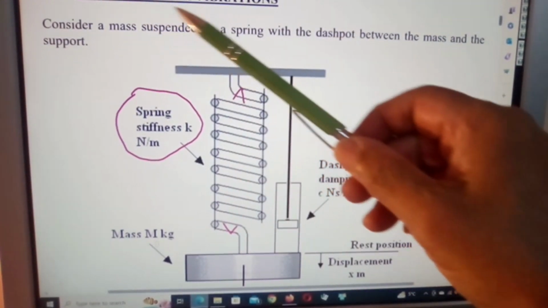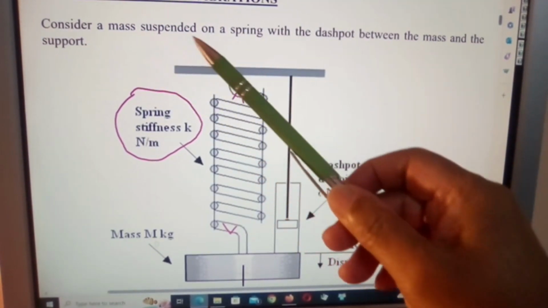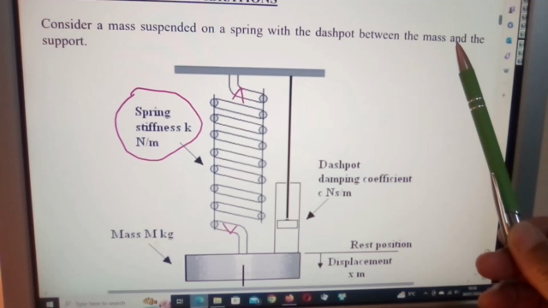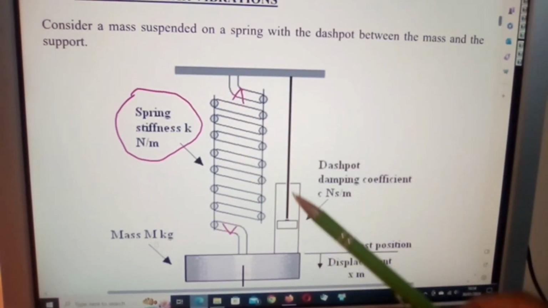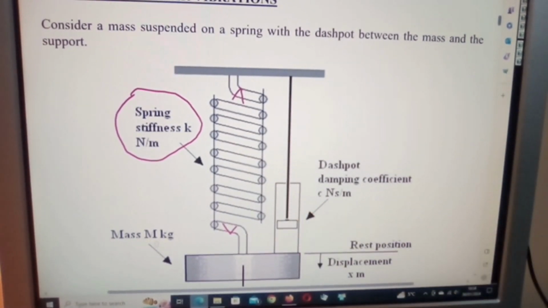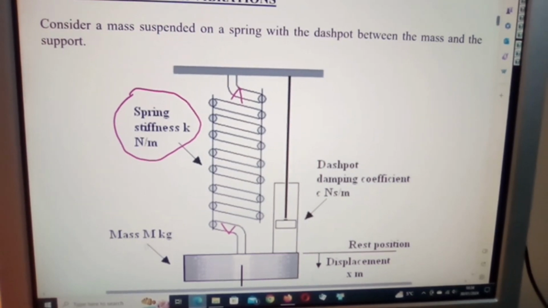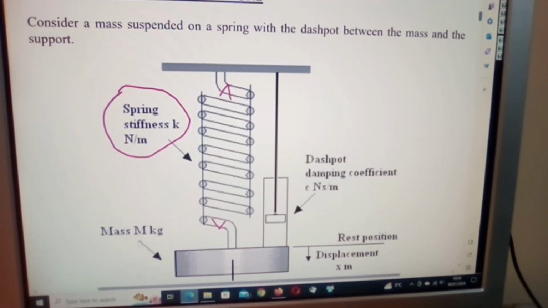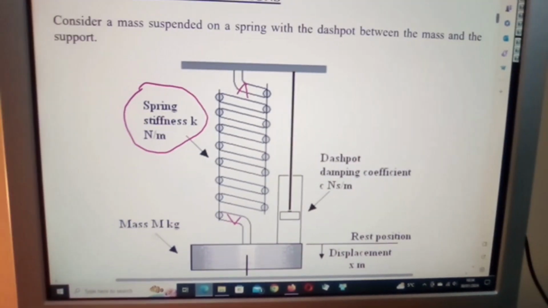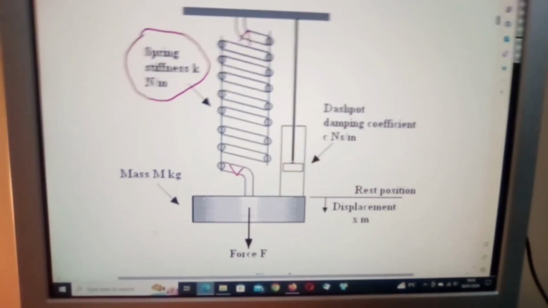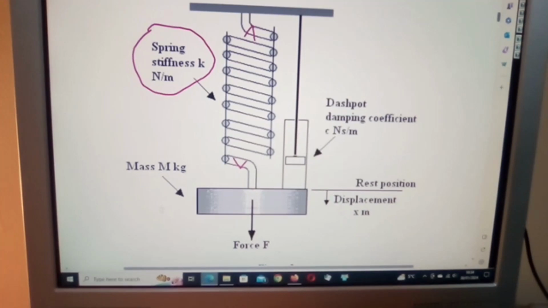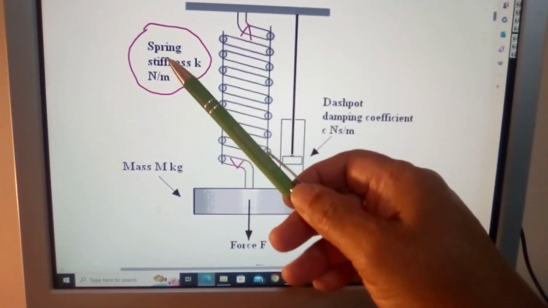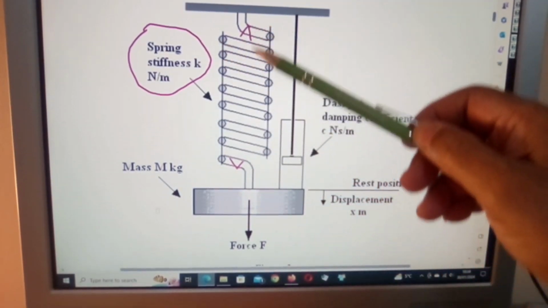Now, damped linear vibration. Consider a mass suspended on a spring with a dashpot between the mass and the support. Now here is your dashpot. Let's go up a bit more so we can make sure that we get it in full view. And here it is in full view, hopefully. Your spring stiffness in Newton meters.